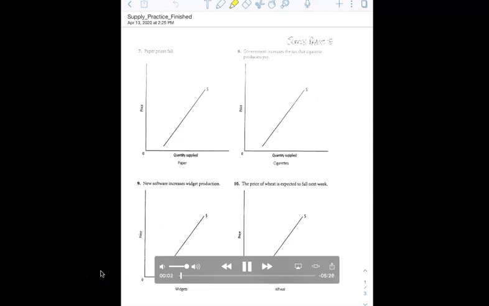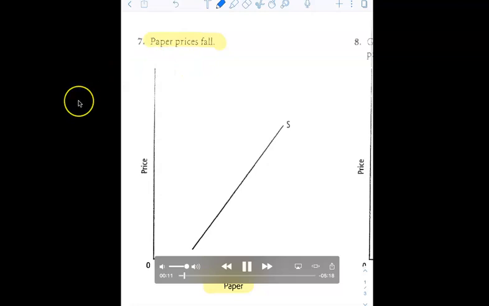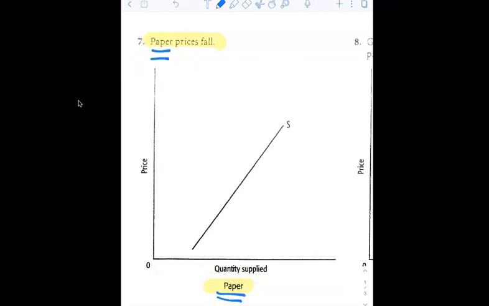So first, let's focus on number 7. We're going to imagine that we're producers of paper and that the prices of paper are falling. So that means that the product that we produce itself, the price is changing, but our cost to produce the paper hasn't changed at all. All we're looking at is a change in the price of the product. And so since that is occurring, there's no change in cost to manufacture.